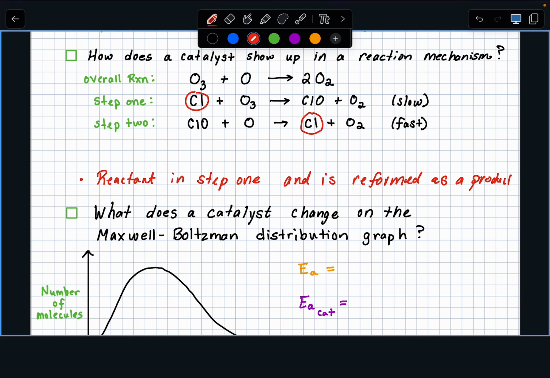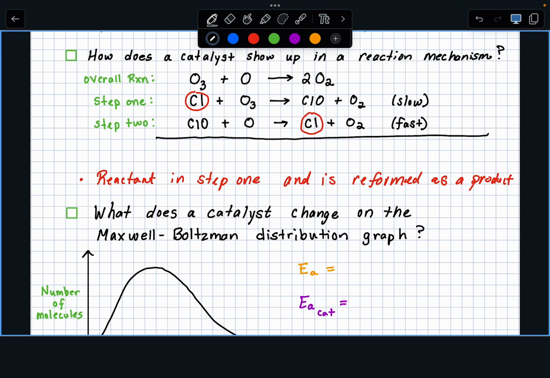I'm going to run out of room, so I'm just going to say it's reformed as a product in typically the last reaction. So usually these only have 2 steps, so it's usually in step 1 it's a reactant, and then step 2 it's a product. So that's how you'll determine if it is a catalyst versus an intermediate.